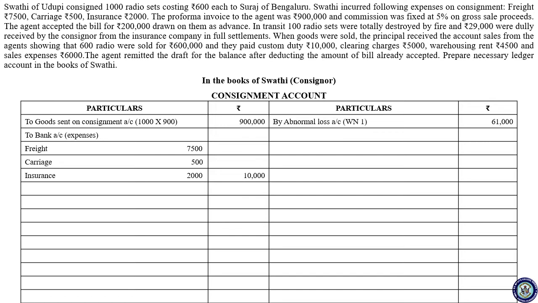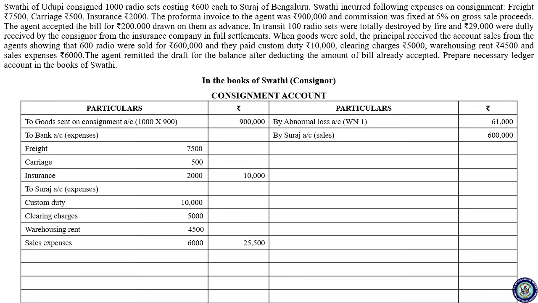The next one is a sale entry. So write by Suraj account. After that, the expenses incurred by the consignee.